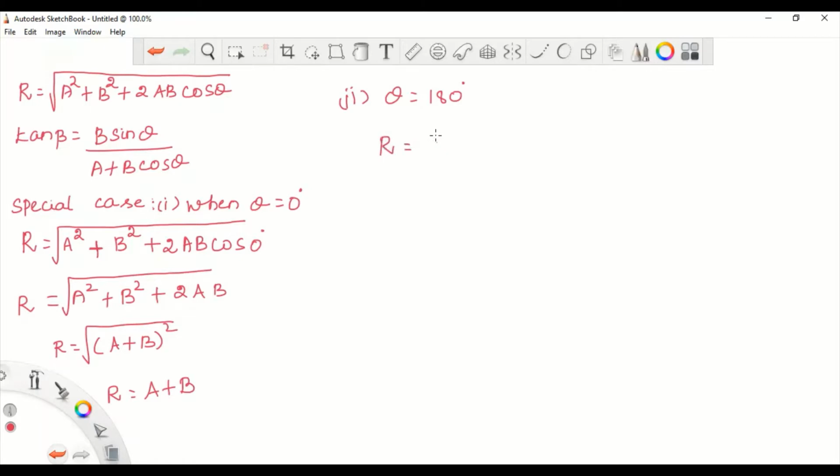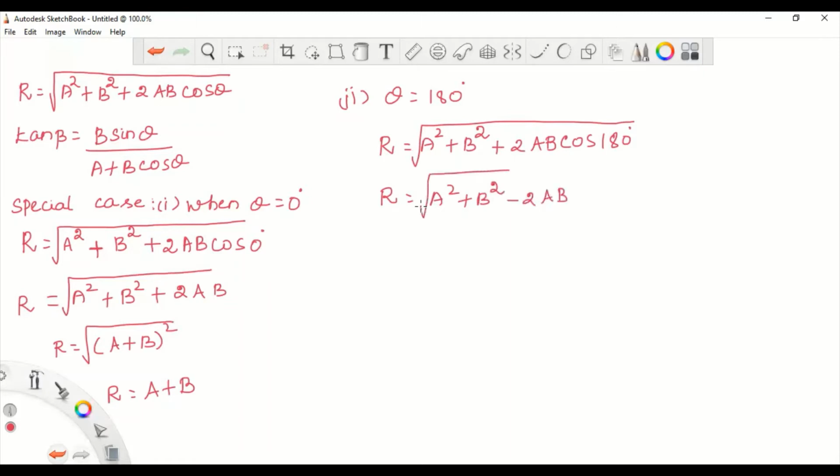R is equal to, again substitute the values, root of A square plus B square plus 2AB cos 180 degree. So what is cos 180? Minus 1. So what will you have here? A square plus B square minus 2AB.